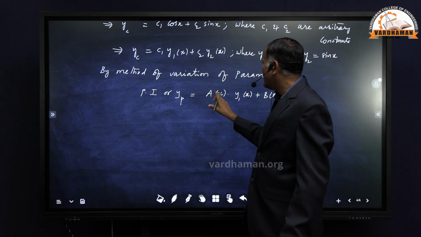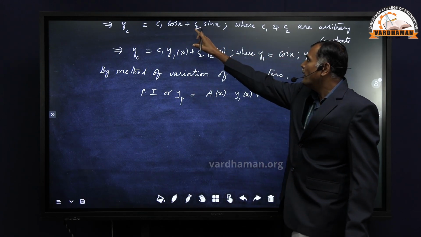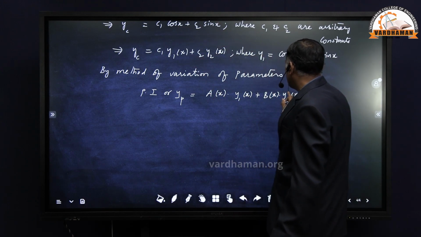In place of c1 we are writing a, in place of c2 we are writing b, and y1 is nothing but cos x, y2 is nothing but sin x.